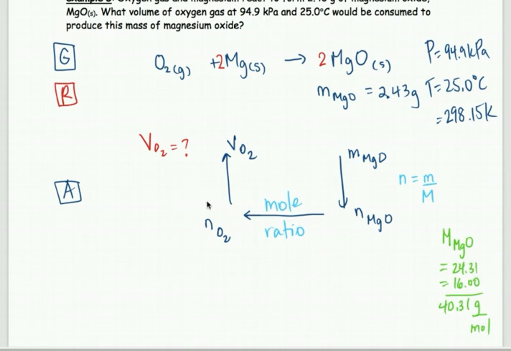We go from amount to volume, and we don't have the initial and final conditions, so we're not going to use the combined gas law, we're going to use the ideal gas law here. Okay, so there's the equation, but we need volume, so we're just going to rearrange this. So it looks like that. Okay, all right, so there's our plan. So let's put that into action here, calculate it out, and then check your work.